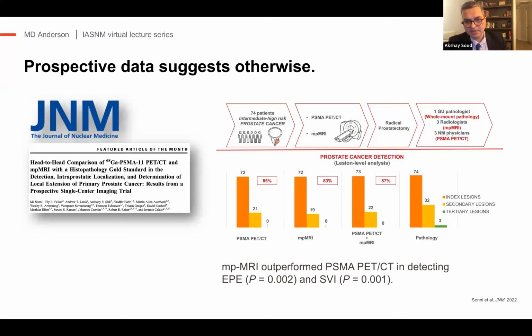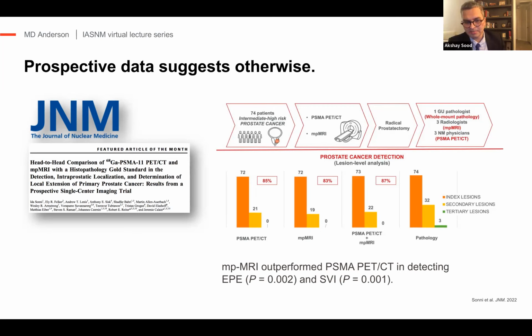Actually, multiparametric MRI is superior in anatomic delineation, which is not a surprise because it's an anatomical scan, whereas PSMA is a molecular scan. So PSMA would not really help in T staging as such. Multiparametric MRI did outperform PSMA in detecting both extraprostatic extension and seminal vesicle invasion.